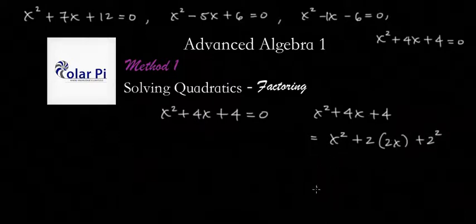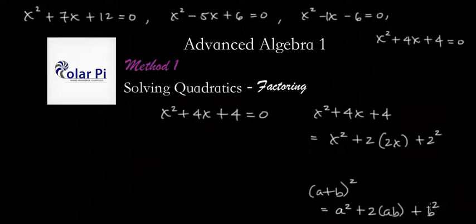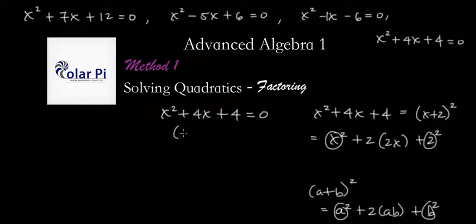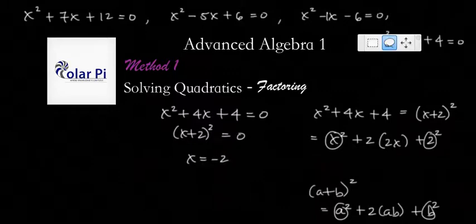Since we know that a plus b all squared is a squared plus 2ab plus b squared, we see that b is 2 and a is x, and everything checks out. So this is clearly a plus b all squared, which is x plus 2 all squared. You could have realized that from the get-go, and immediately realized that the answer has to be x equals -2.